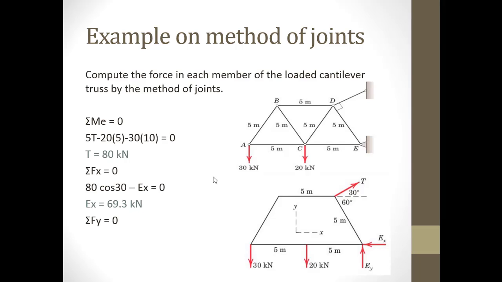Then I'm going to take the sum of Fy to find Ey: 80 sine 30 minus 20 minus 30 minus Ey equals 0, and Ey is equal to 10 kilonewton.